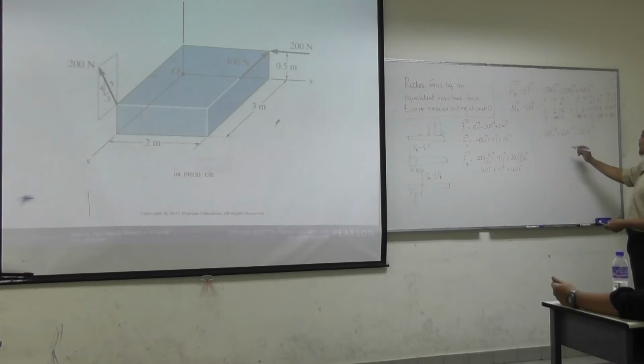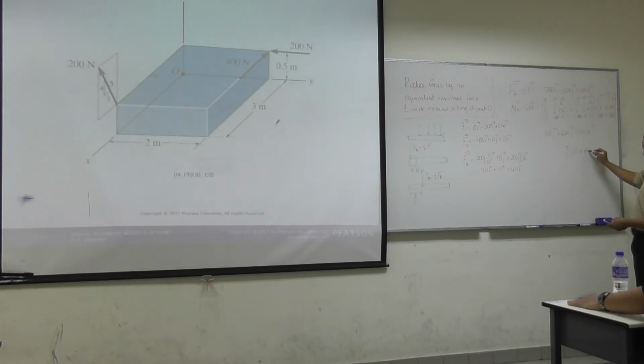If you calculate for the J part, this one is minus J. 0 minus plus 200, right? Then this one is minus J, 480, minus 60. So how do you get this one?